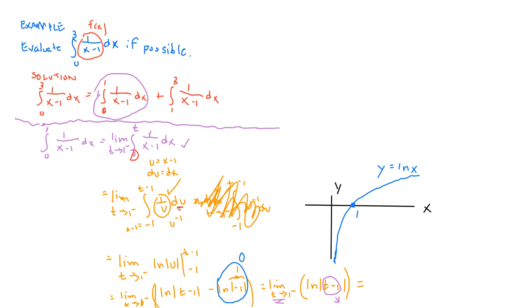As t approaches 1, t minus 1 would go to what? To 0. This goes to 0.